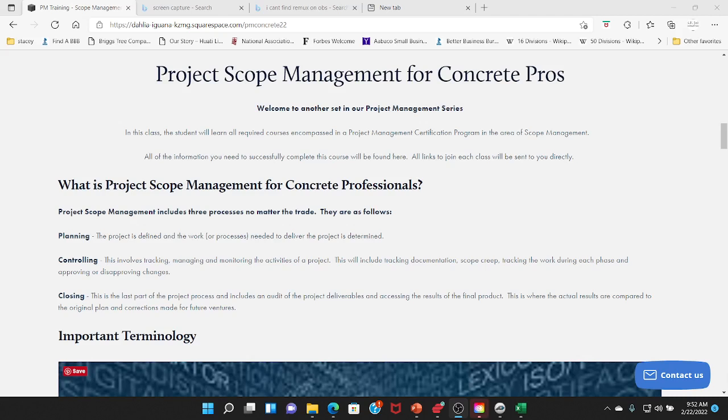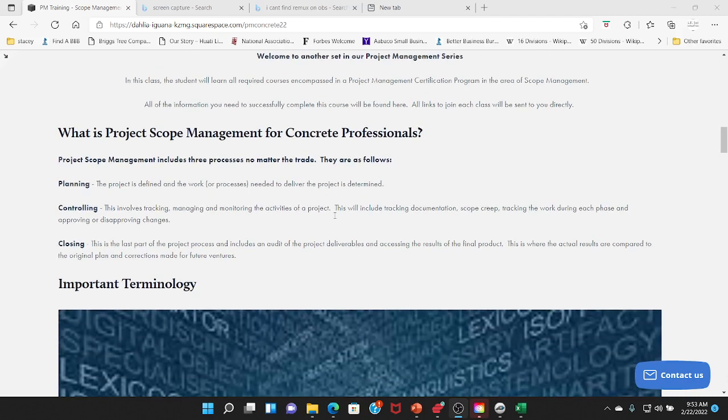Okay, so again, what do we think about when we think about project scope management? For any professional, regardless of concrete or otherwise, project scope management involves three processes, no matter the trade, and they're as follows. So the planning process.